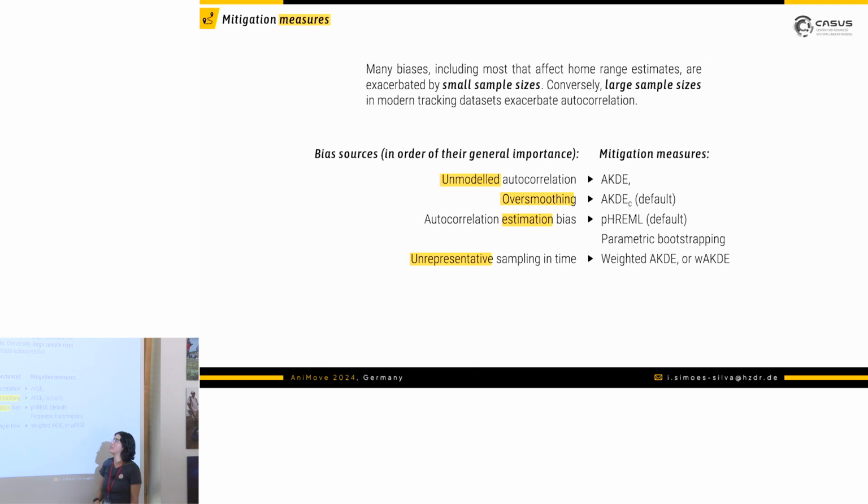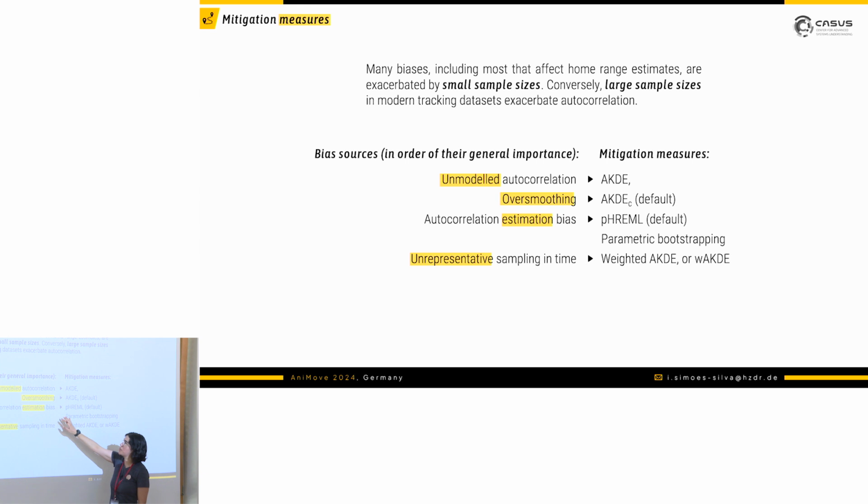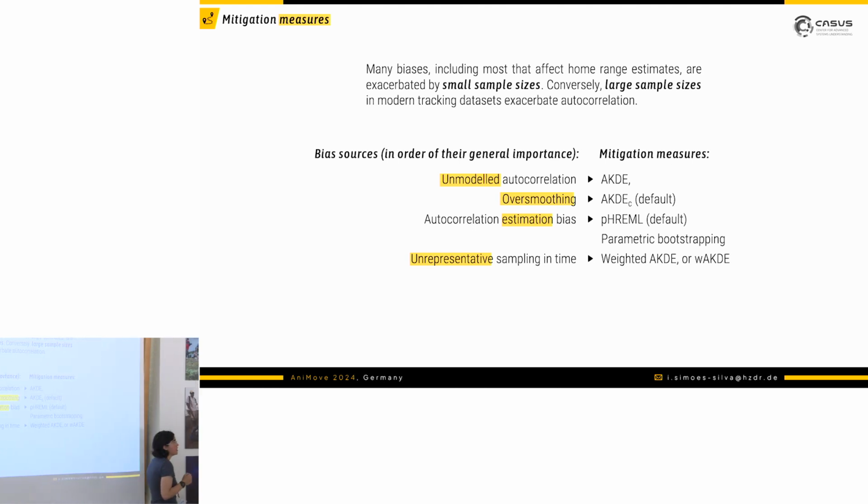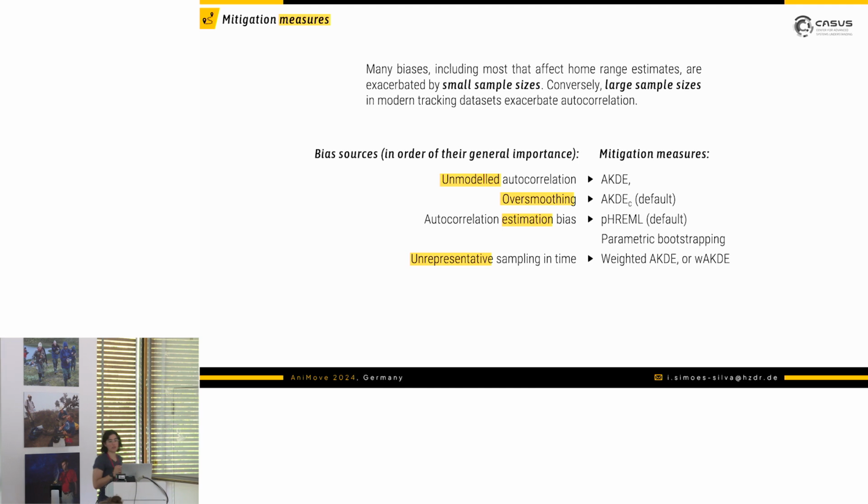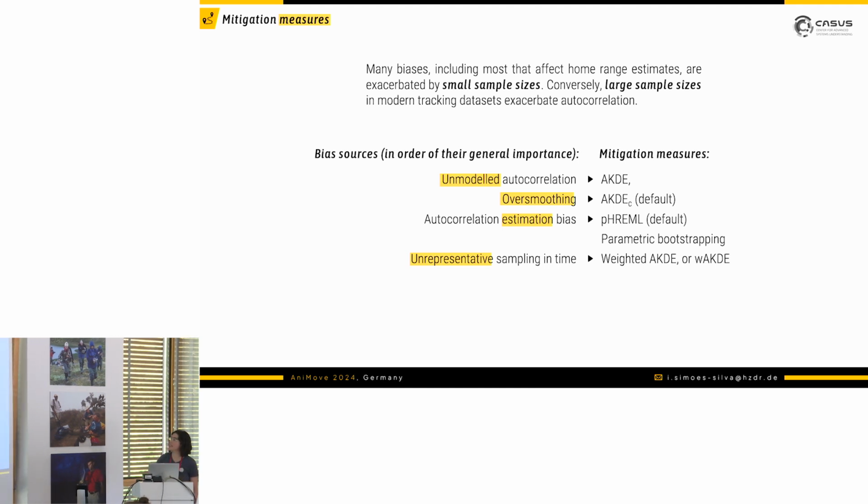Then there's sometimes the oversmoothing bias that I'll talk about in a second, the autocorrelation estimation bias, and the unrepresentative sampling in time bias. And for all of them within CTMM, there's ways to essentially adjust for that. And this is where you see that I was talking about the perturbative hybrid residual maximum likelihood. It's one of them that will deal with the biases. But yeah, so there's always a way to kind of incorporate this a little bit and account for that.